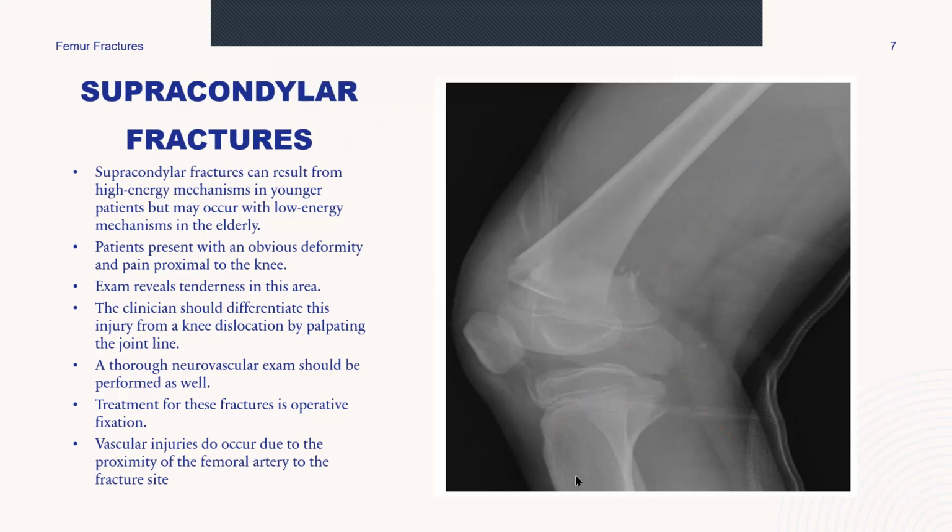Because any one of those arteries being affected is going to affect the compartment of that calf and foot, and that could lead to problems later on down the line. Okay, so these patients also go into theater quite often, and as I put, your vascular injuries do occur due to the proximity of the femoral artery.